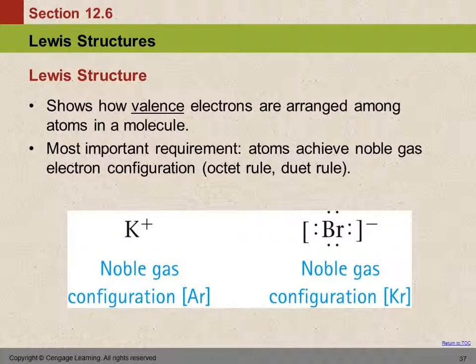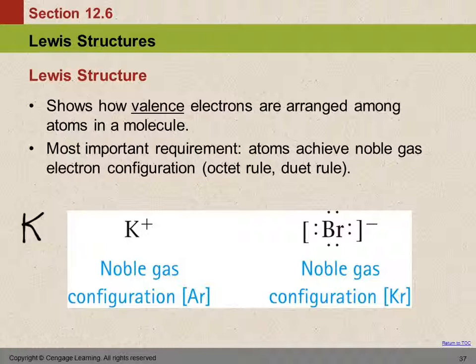So let's look at Lewis structures for individual atoms and for ions. It shows how valence electrons are arranged. And here's potassium, the ion. How many valence electrons does potassium, the atom, have?